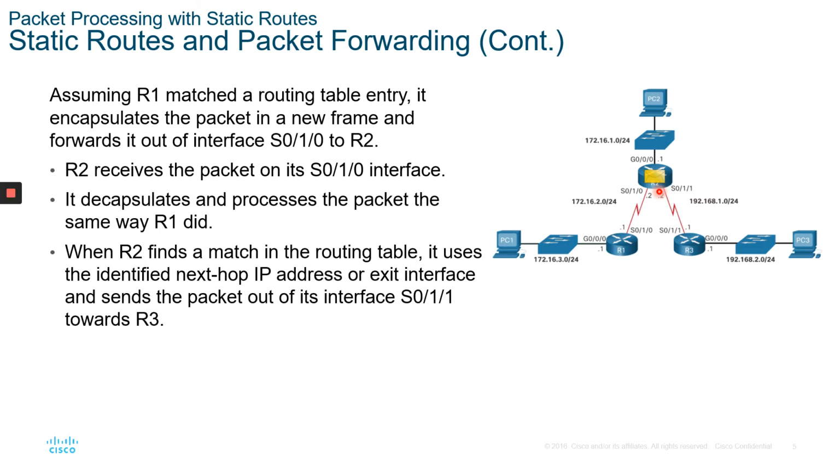First of all, it will de-encapsulate the packet. It will then find the matching routing table entry in R2's table, and once it has found it, it will send it to the next hop routing address. In this case, it's R3.